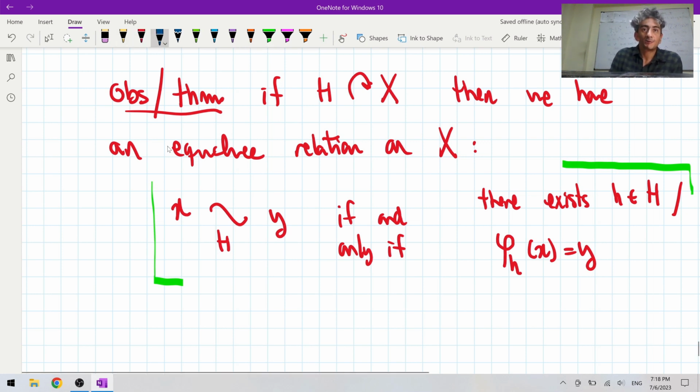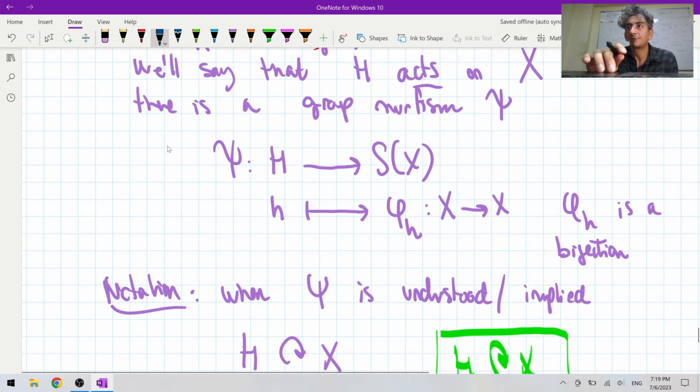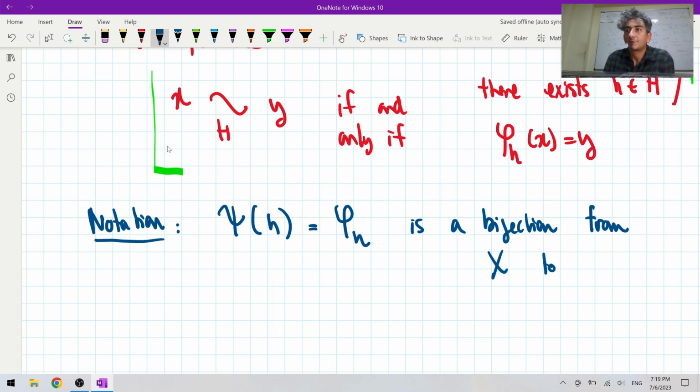Some notation. The image through psi of H is phi of H. This is a bijection from X to X, so this is a function.